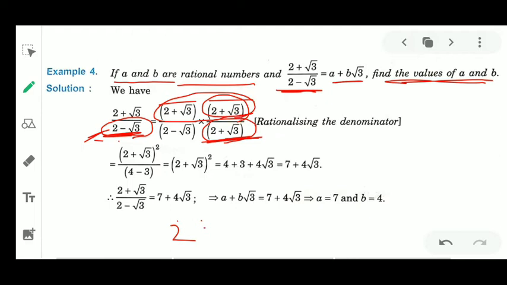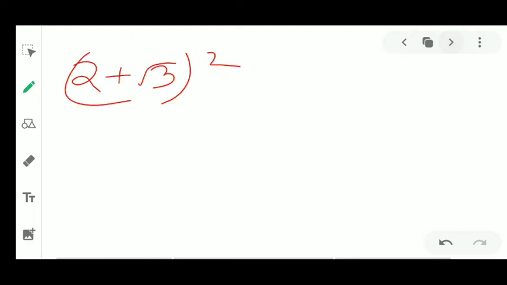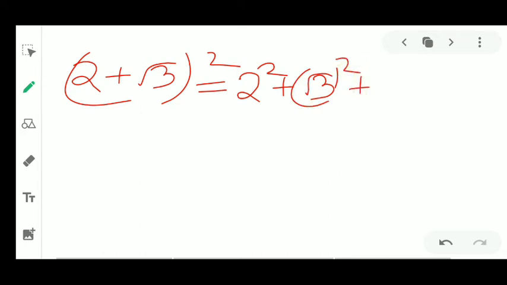So (a plus b) square, that is (2 plus root 3) square. Now we use the formula: 2 square plus root 3 square, that is a square plus b square plus 2ab, 2 into 2 into root 3.